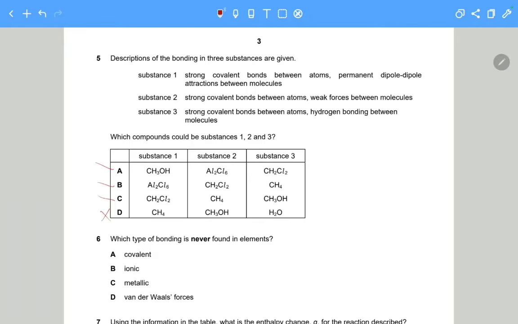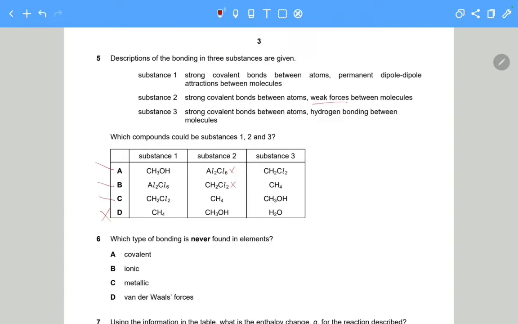Then we come back to substance 2 now. Strong covalent bonds between atoms, weak forces between molecules. So Al2Cl6, we just said that there are strong forces between the molecules, so this cannot be the answer. So A is gone now. CH2Cl2, again we said permanent dipole-dipole attractions between the molecules, so again this cannot be the answer.